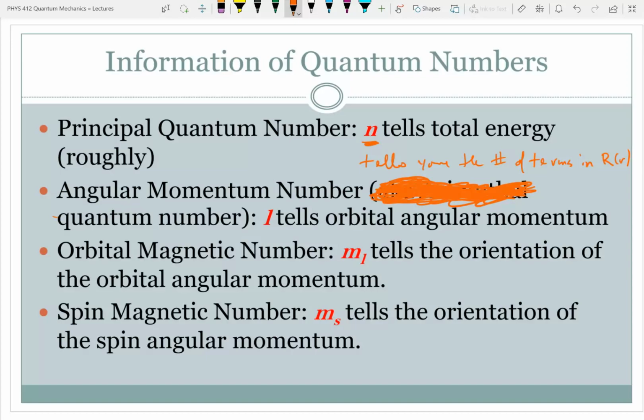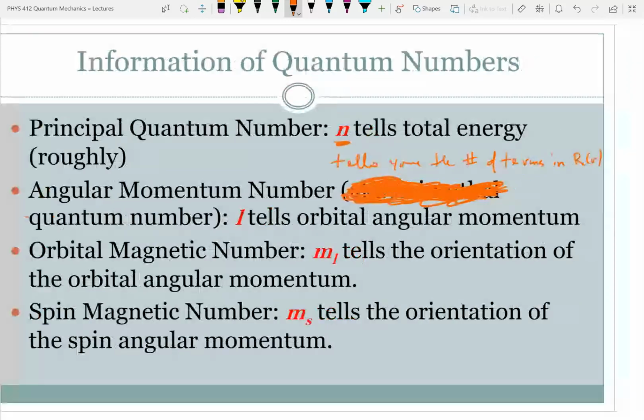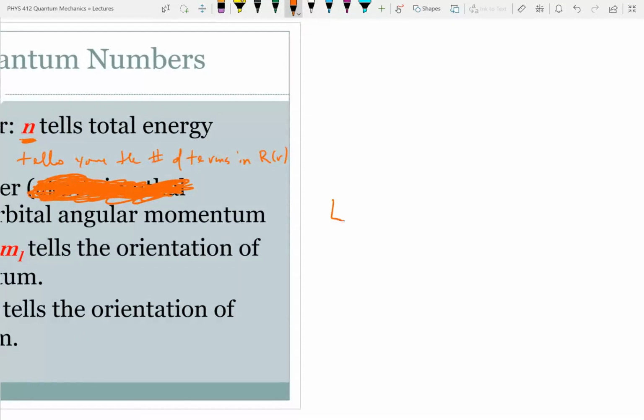It tells us what the angular momentum is. That goes back to what Bohr had said, that angular momentum is quantized. Now, Bohr had said the angular momentum is equal to n h bar, where n was his only quantum number. Now we've gone to something more complicated. It's equal to h bar times the square root of L times L plus 1. So it's not even the same angular momentum values that the Bohr model gets you.